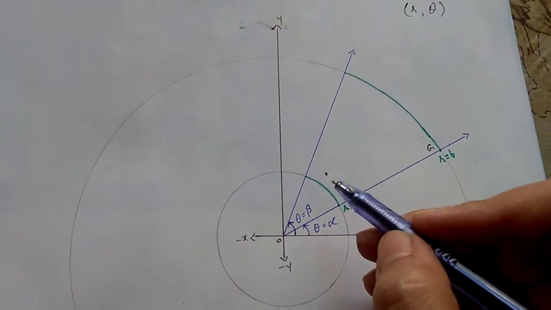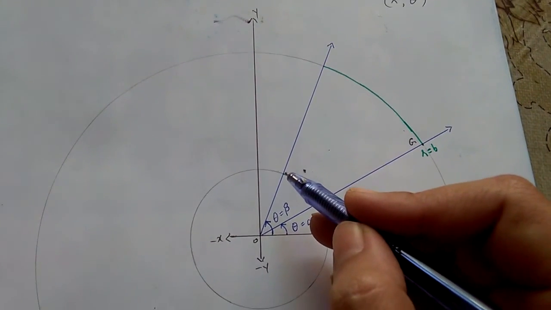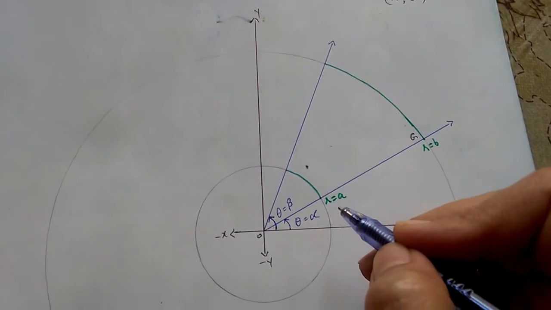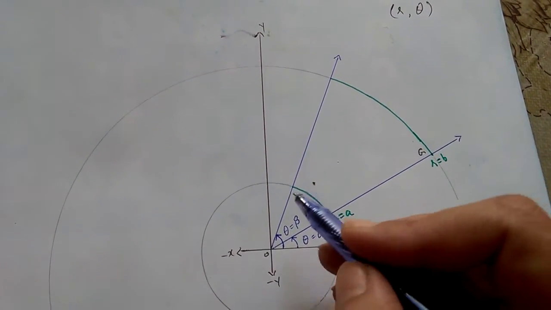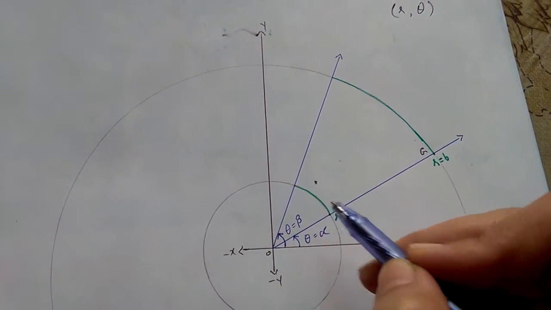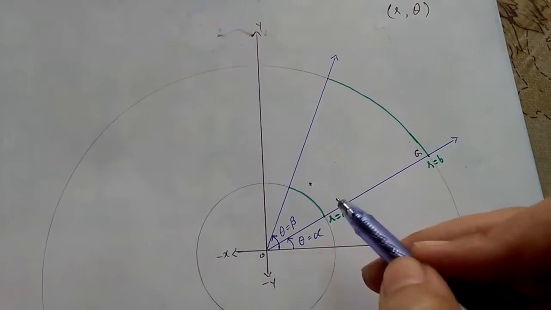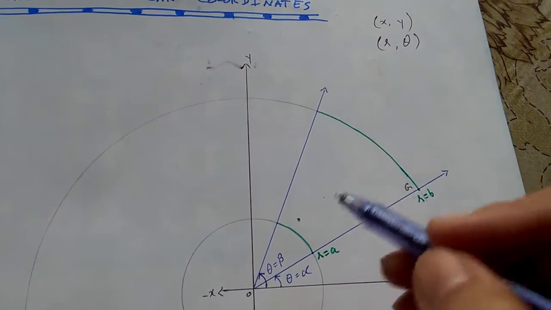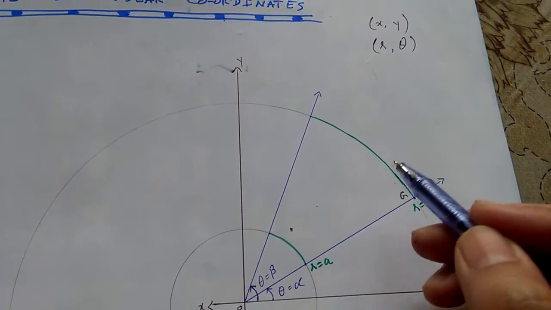I have highlighted the arcs of these circles in green, so G is bounded by these two blue rays and these two green arcs.